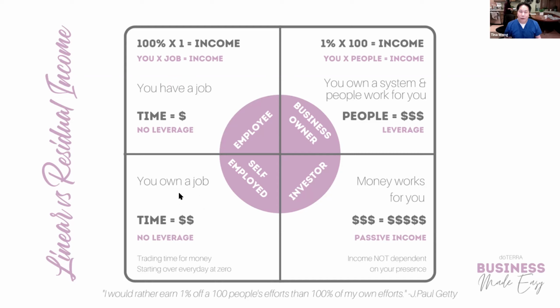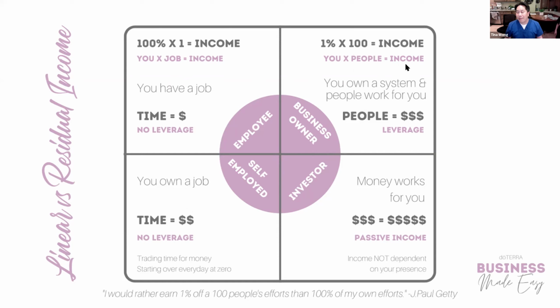Now, sometimes if you are self-employed, you may have workers or you may have commission, you may have people that work for you, but that is when you become a business owner. So instead of a job and just your own time, you have people. This is when residual income comes into play. When you have a system and you have people working for you, you are actually making a percentage on what your people work.